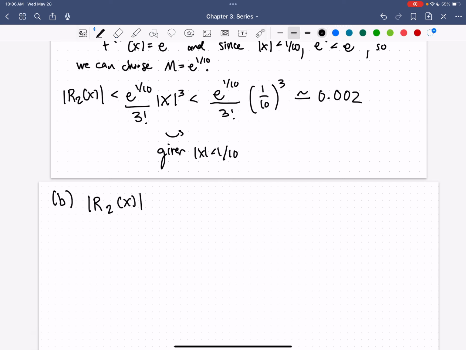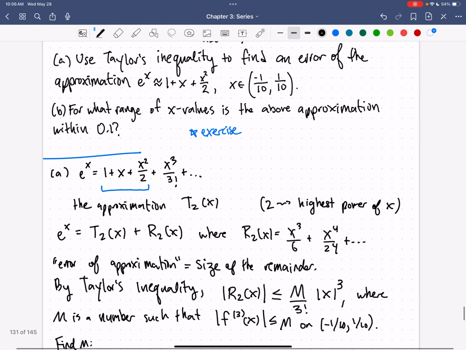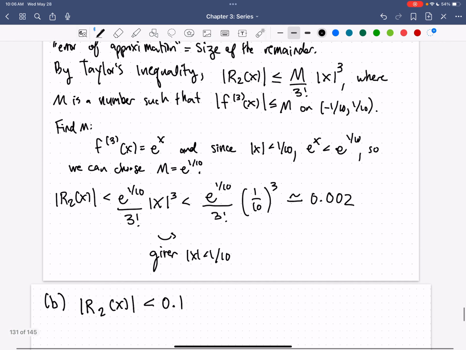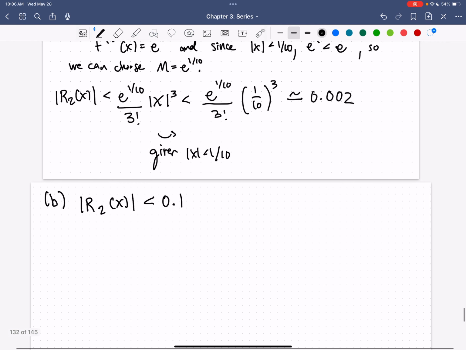So we wanted to find when the remainder is bounded above by 0.1. Well, this is the same type of remainder problem that we've done before, where we can replace the remainder with its upper bound, because we know this is bounded above by M absolute value of x cubed over 3 factorial less than 0.1.